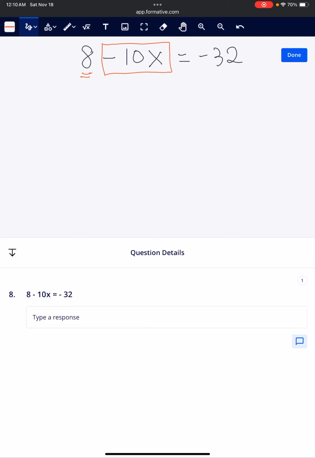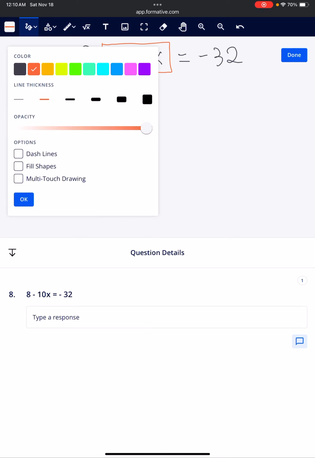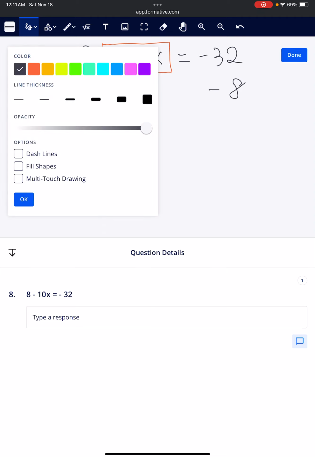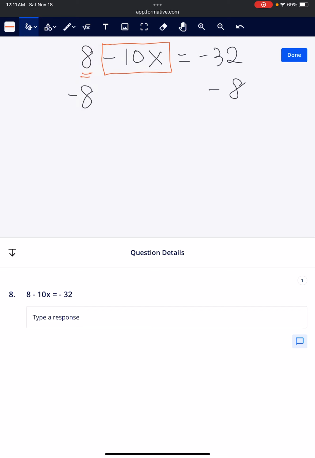Since it's positive 8, to remove it, you need to subtract 8 from both sides. Once you subtract 8, you'll be left with just the coefficient and its variable.